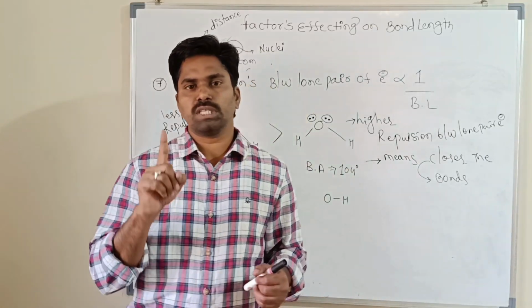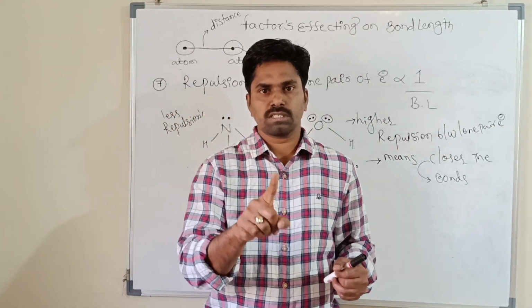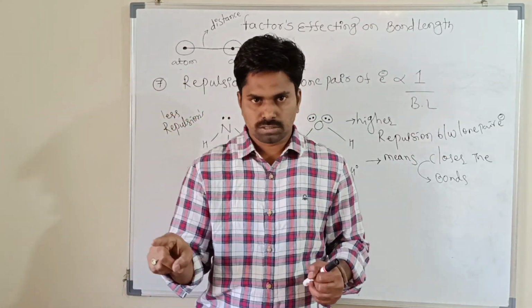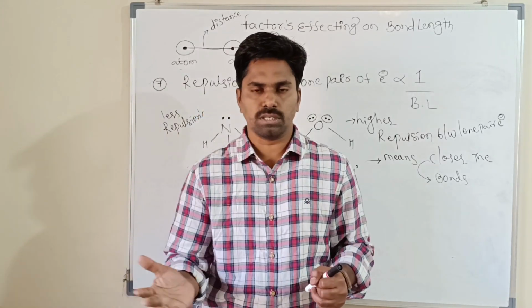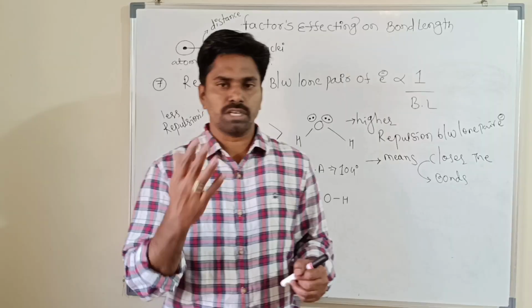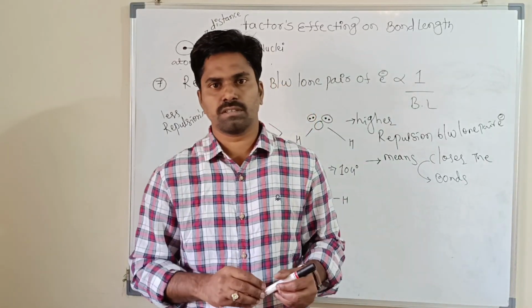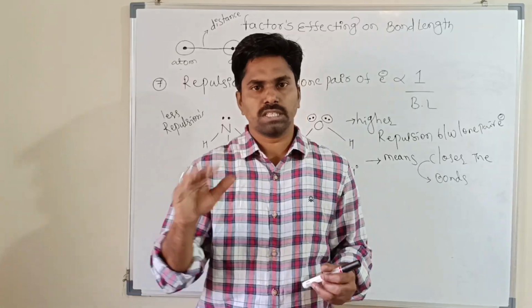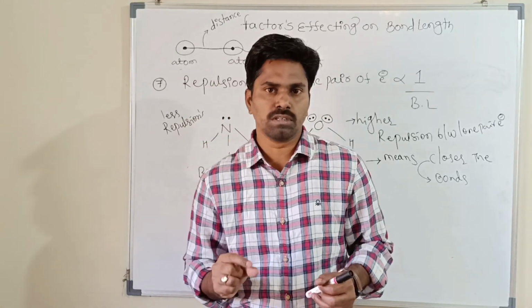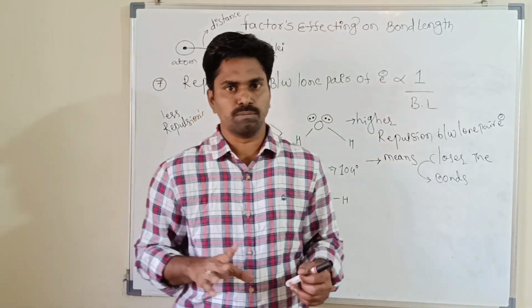The fifth case is resonance, which involves delocalization. A pure single bond has a longer bond length compared to resonating structures. Resonating structures are intermediates. Pure single is the first, then the intermediates in resonance examples, and after that a pure double bond is very short. So keep it in mind.